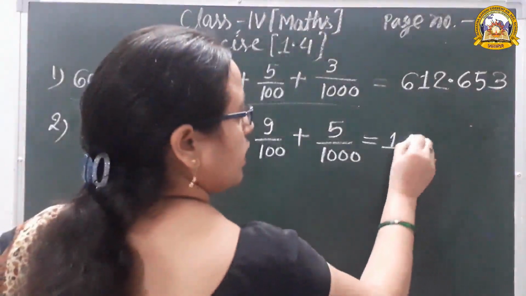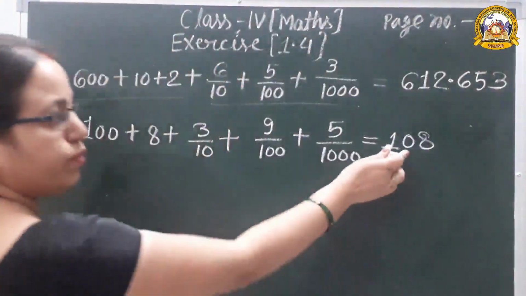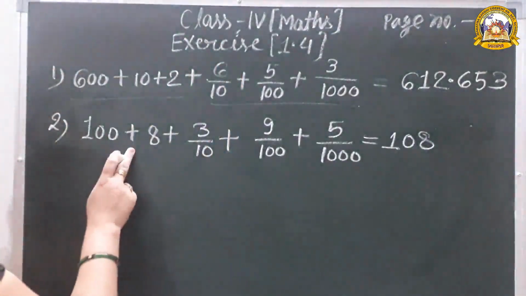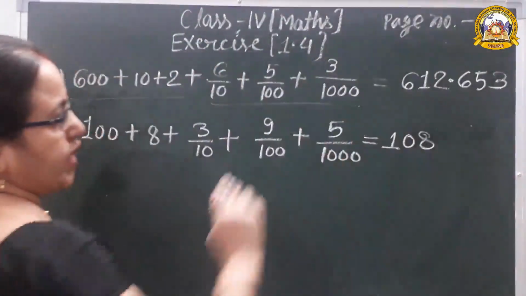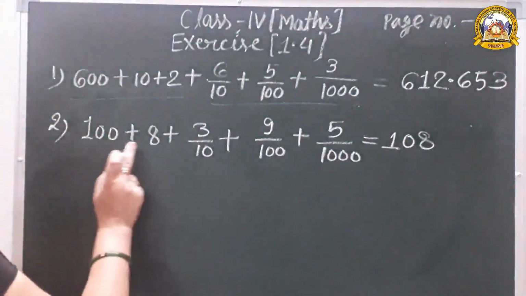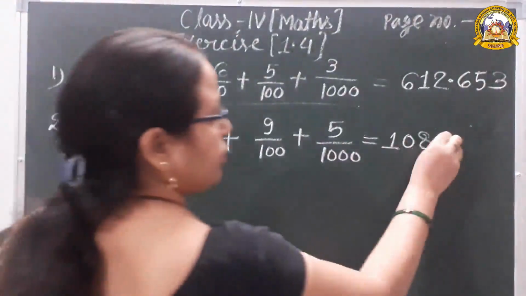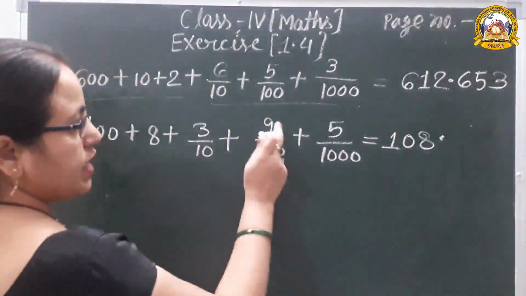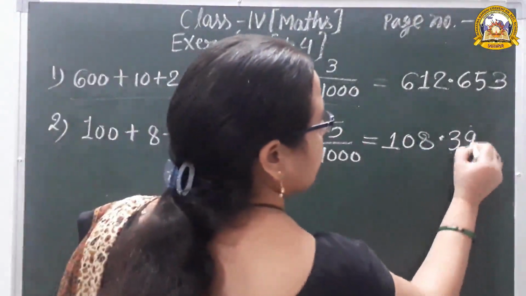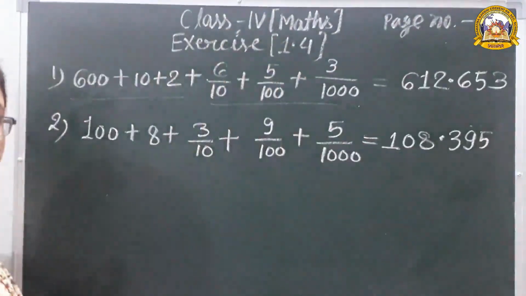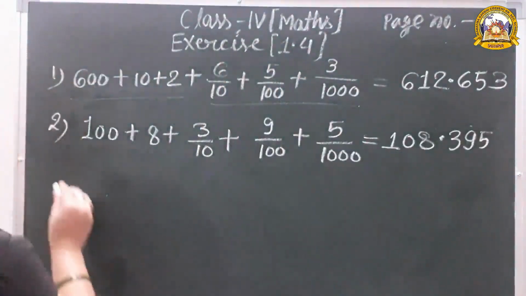So 1, 0 and 8. Why do we put the 0 here? Because there is no digit for the tens place. Then we put the decimal, 395. So the answer is 108.395.